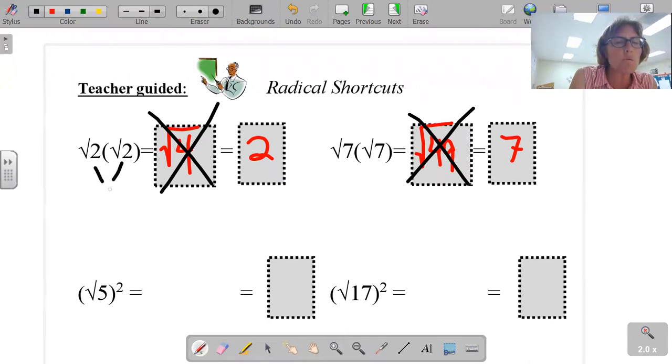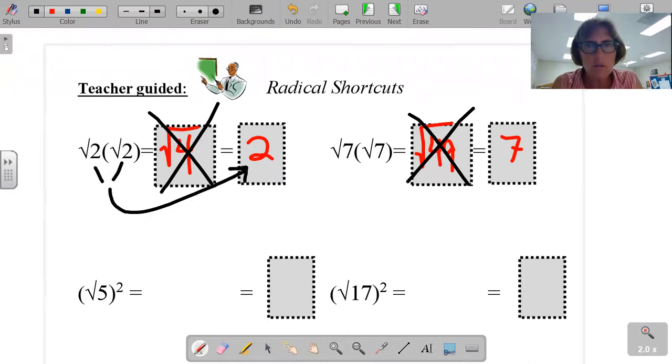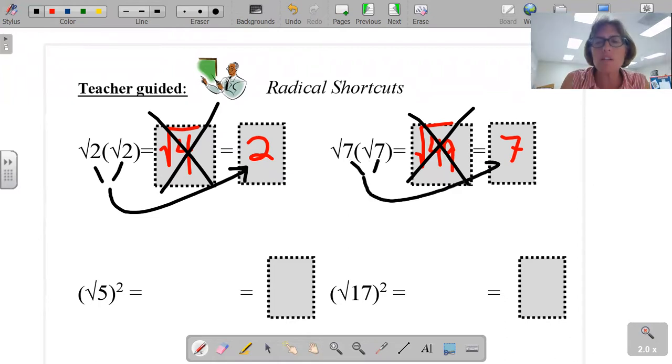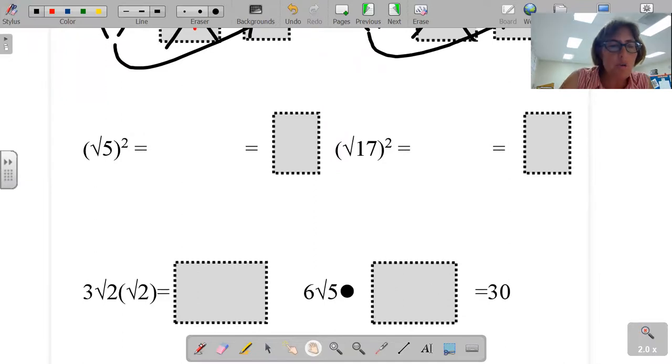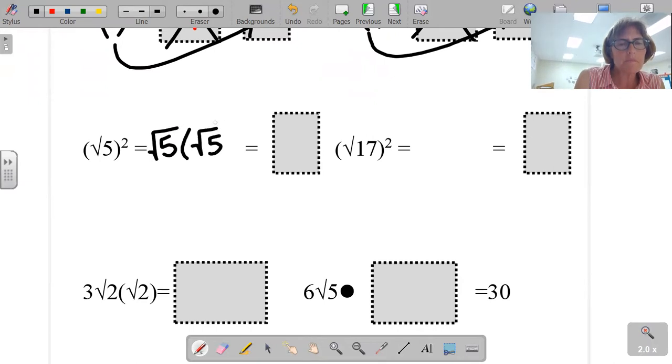Root 2 times root 2 is 2. Root 7 times root 7 is 7. See that shortcut? Root 5 squared looks like this. Didn't I tell you any radical times itself is just the number on the inside?